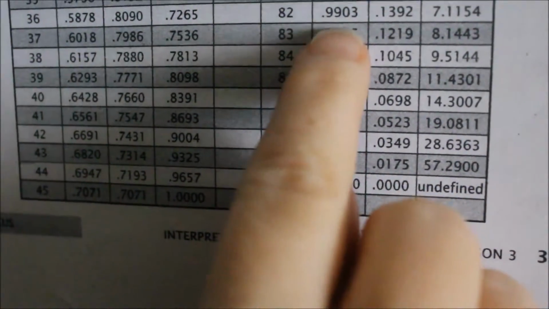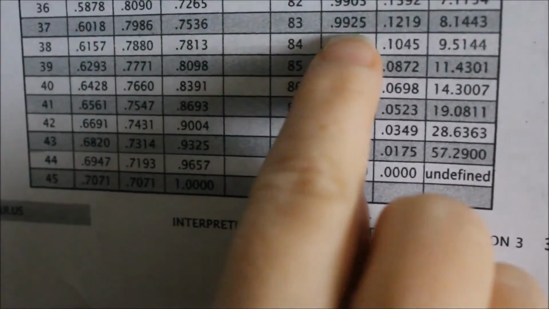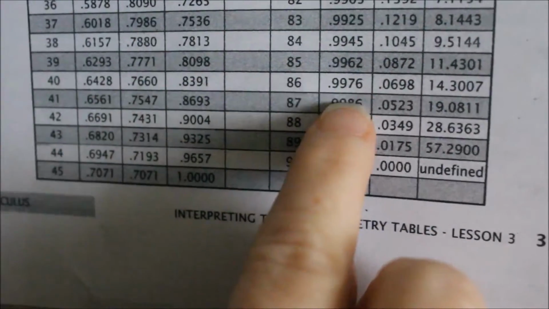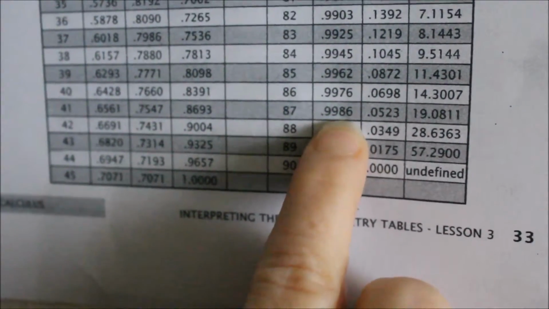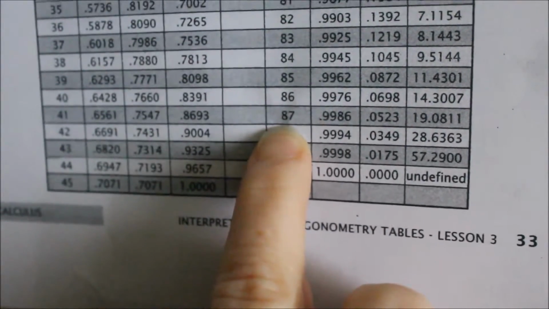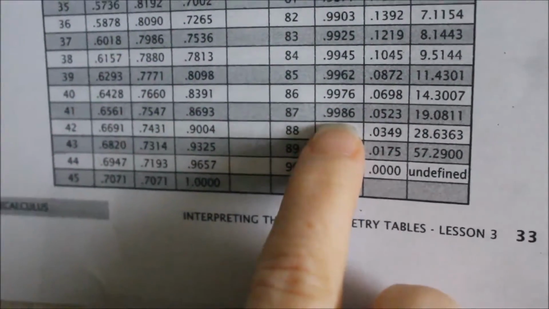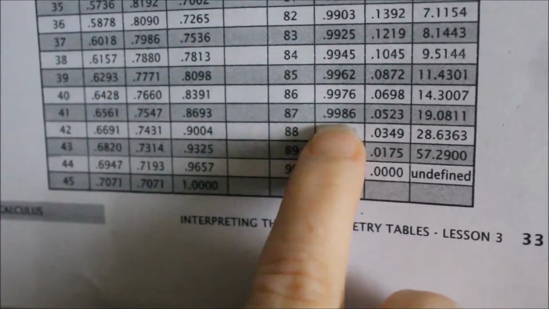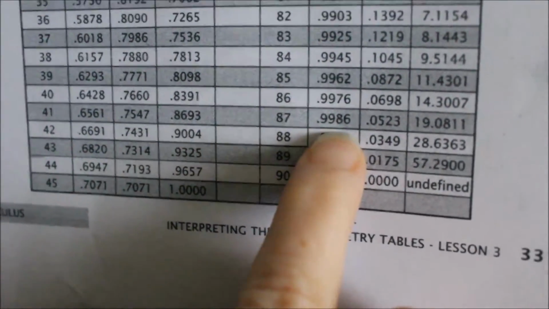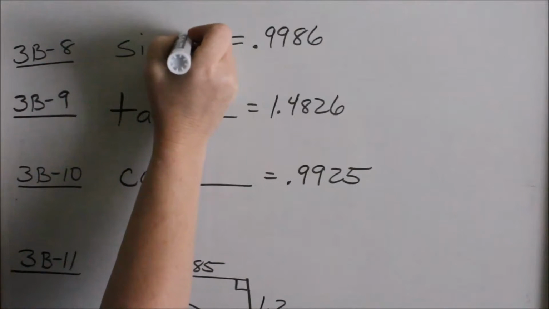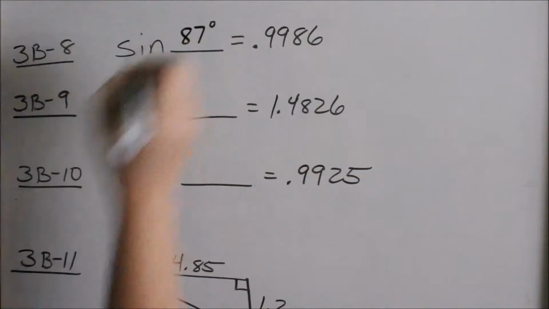So keep going down, that's 0.9903, we're getting closer. Keep going, oh, here we go, 0.9986. So scoot over and our degrees will be 87 degrees. Just remember to look in the sine column for this decimal. So we see sine of 87 degrees is 0.9986.